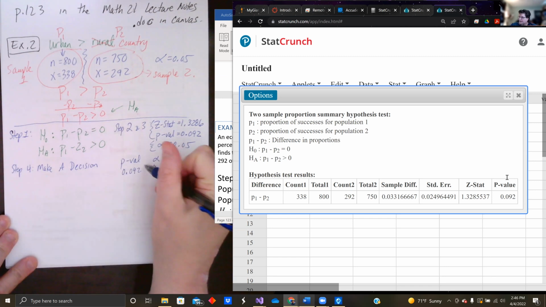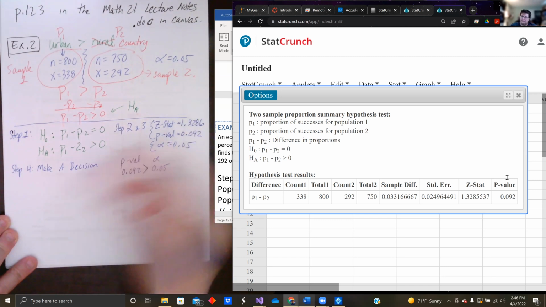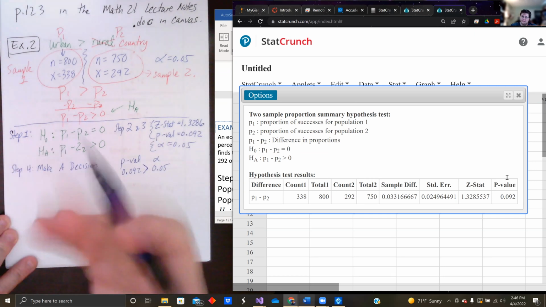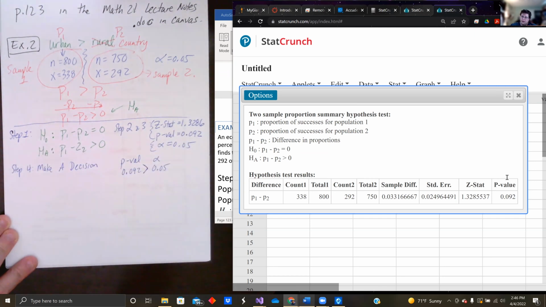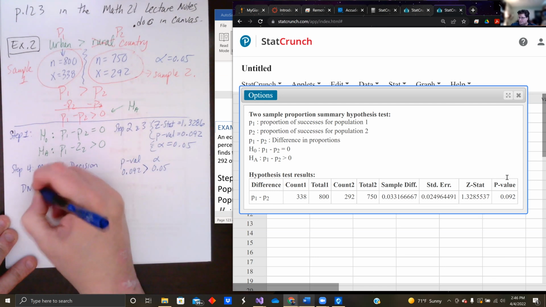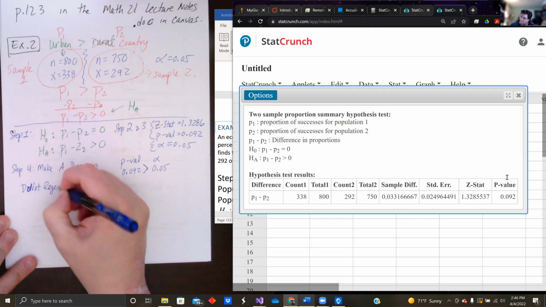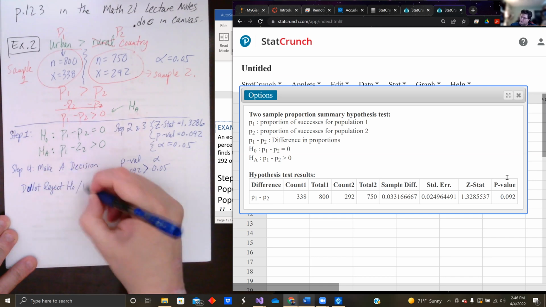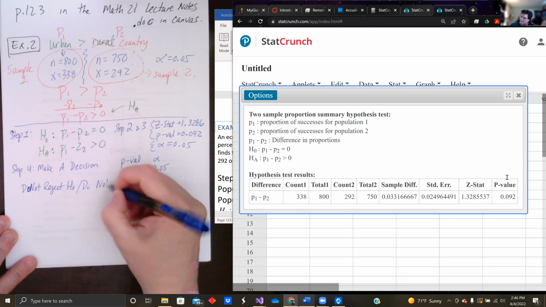The p-value is bigger than alpha. So if the p-value's too low, reject the null, but the p-value's not too low, so the null must not go. The null's got to stick around, so we're not going to reject it. Do not reject H naught. And do not support HA.